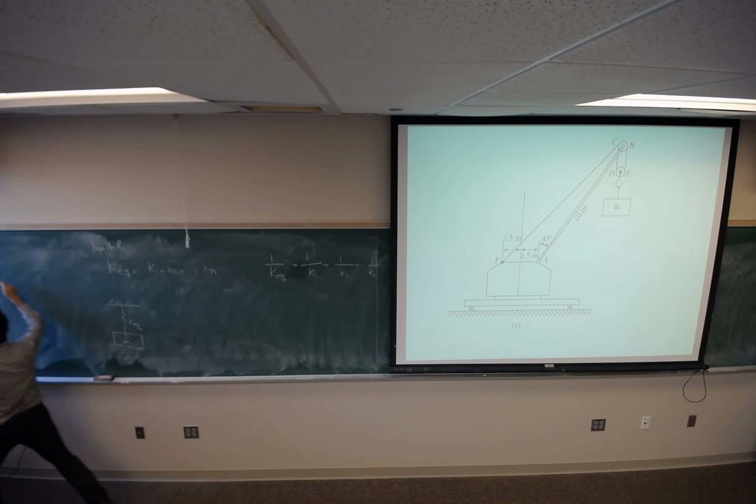So A1 made of steel. And there's a cable BF. It's made of steel, but it's a cable with a cross section of 100 millimeter squared.